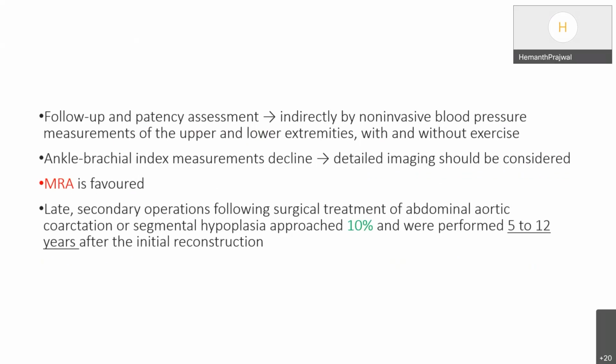If ABI measurements decline, detailed imaging should be considered, and if imaging is done, MRA is favored as it avoids additional radiation exposure. Late or secondary operations following surgical treatment of abdominal aortic coarctation or segmental hypoplasia approach 10% and were usually performed 5 to 12 years after the initial reconstruction.